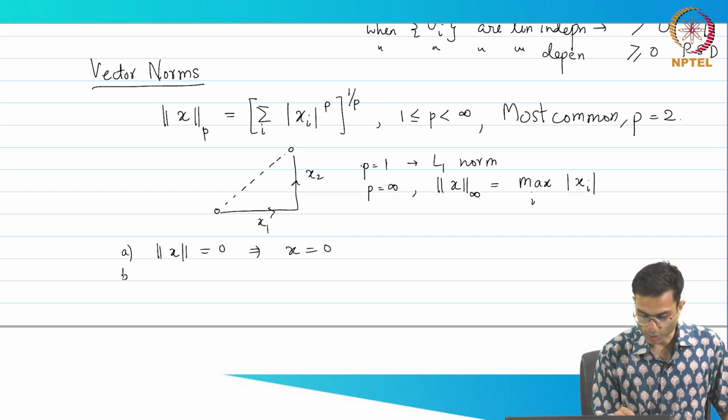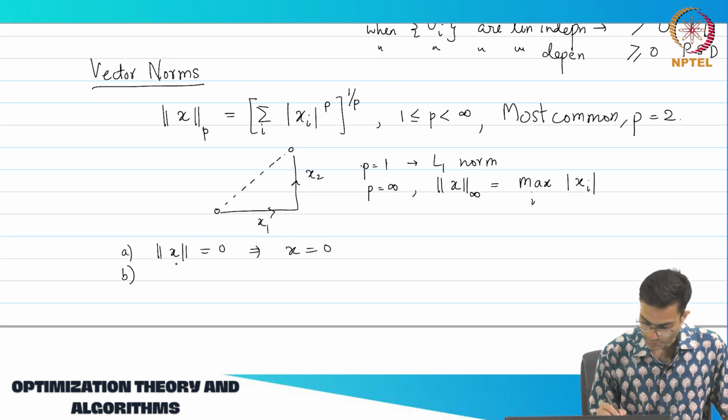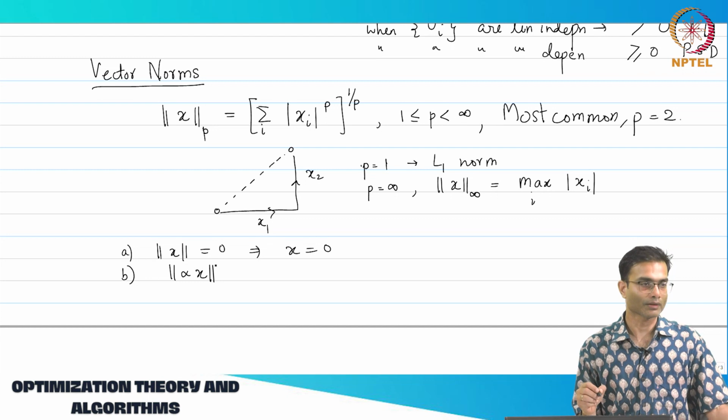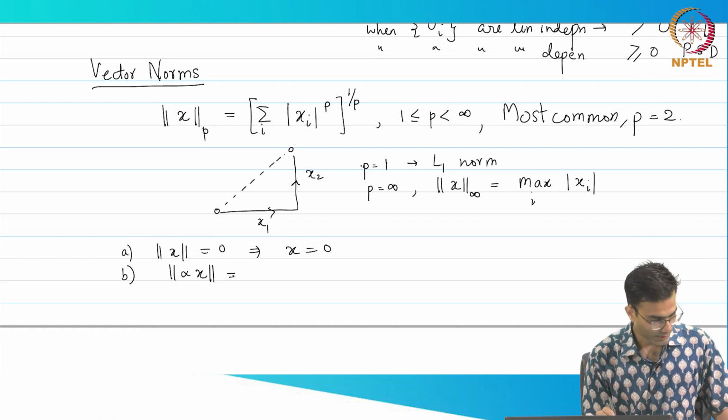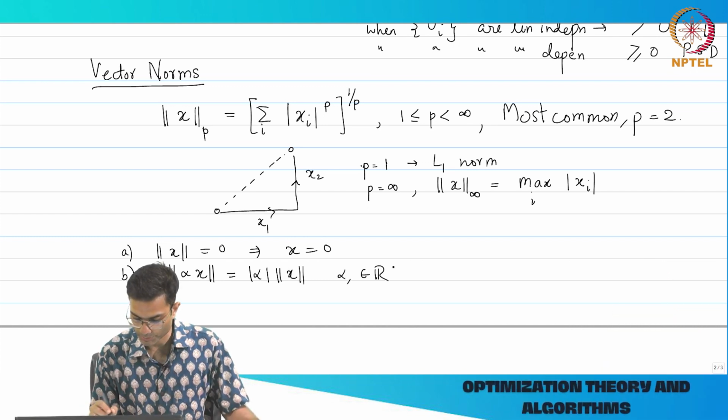So all of this is very intuitive if you think of norm as some type of distance measure. Then, if I give you a scalar alpha multiplied by a vector x, where alpha belongs to the real numbers, the norm scales by the absolute value of alpha.